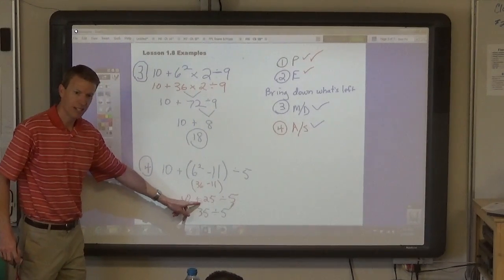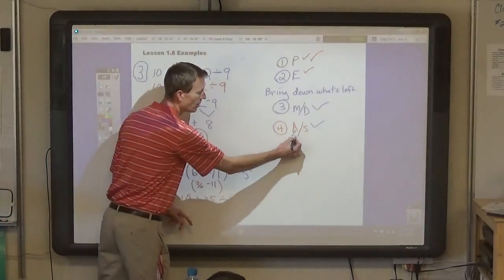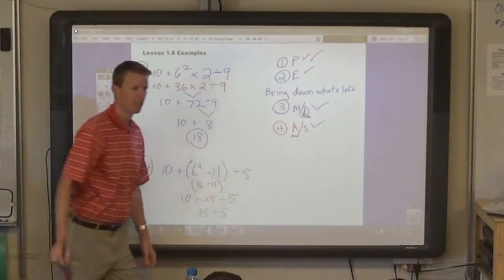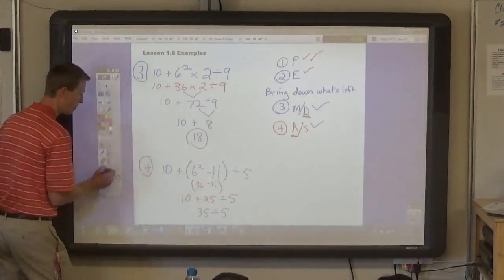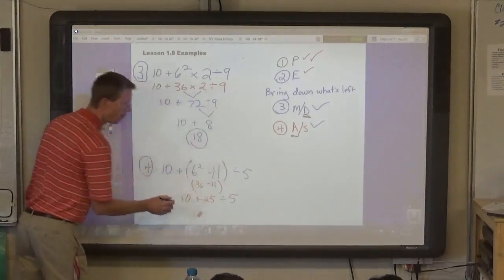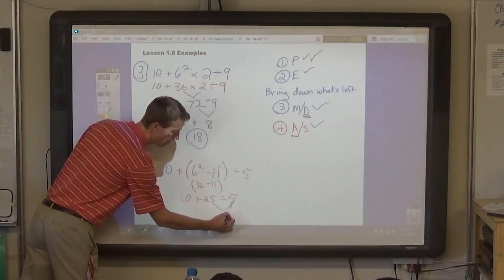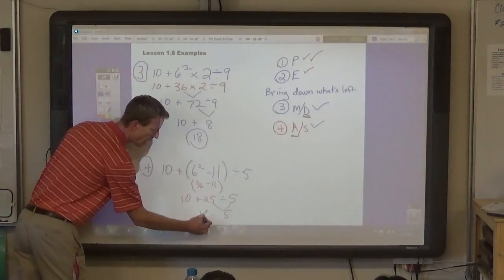Yeah, I did the addition. I skipped step 4, which is addition, before doing the division. I skipped over step 3. So I've got to back up and finish step 3 first, which is 25 divided by 5, and then add.